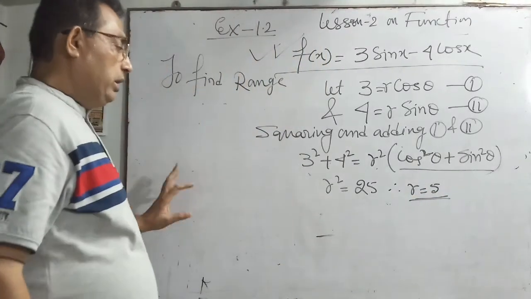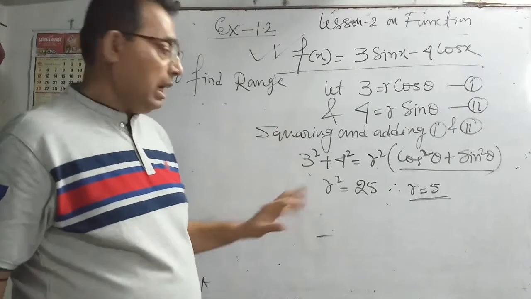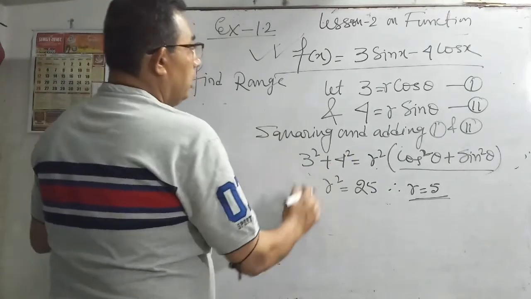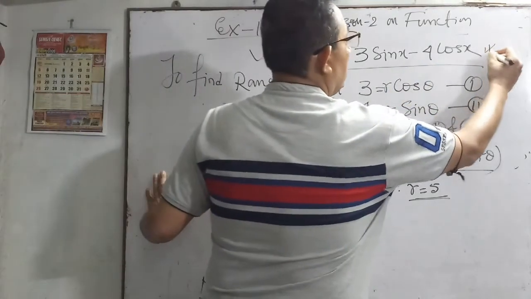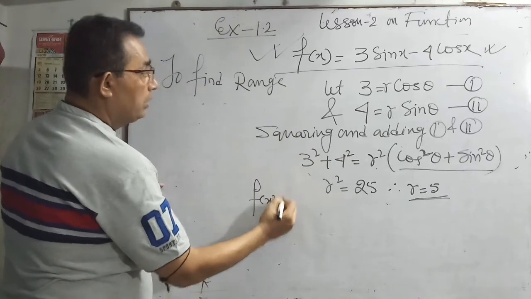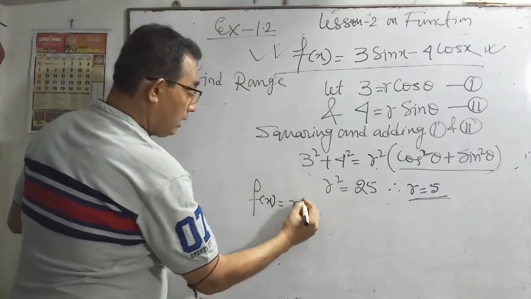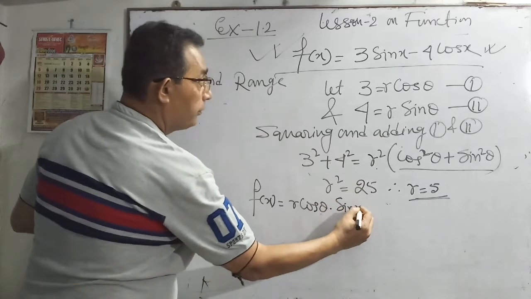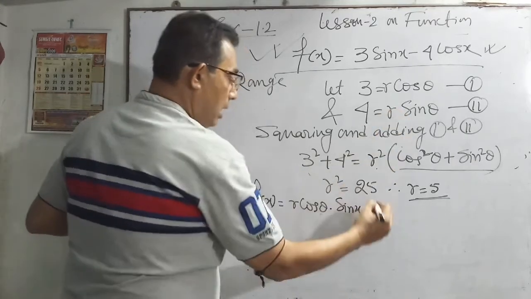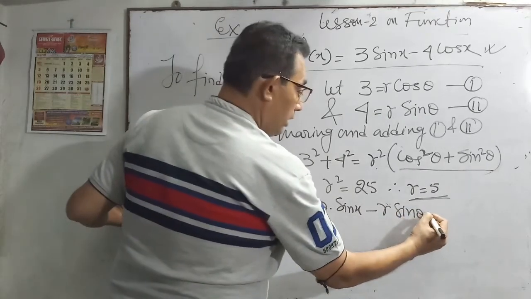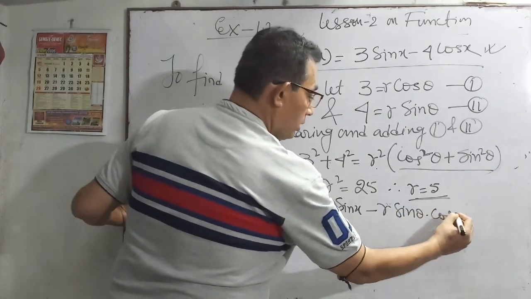In this case, we never take the negative sign. Now, from this solution, f(x) equals r cos theta into sin x minus r sin theta into cos x.